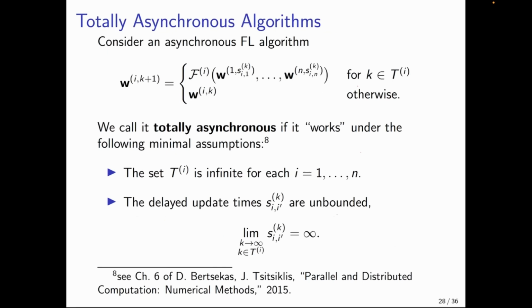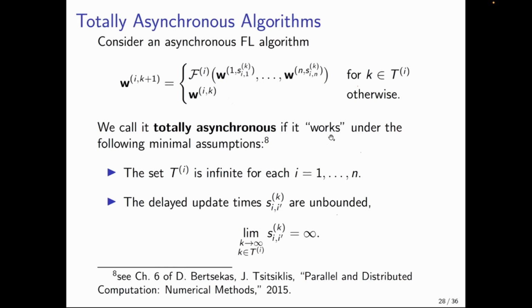So we have here different notions of asynchronous algorithms depending on how much they can tolerate. For example, an algorithm is called totally asynchronous if it works, in a sense that can be made precise in different ways. For example, we say it works if it still converges in the end to a solution of GTV minimization.